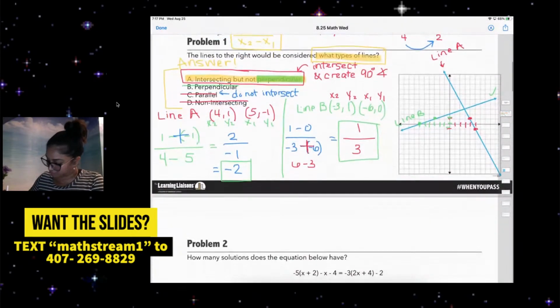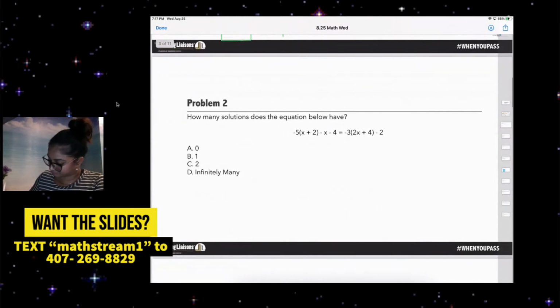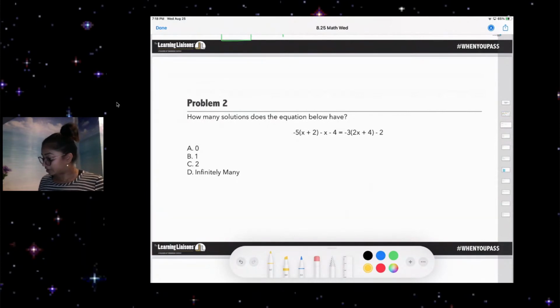This is problem 2. The question is, how many solutions does the equation below have? I don't know how many solutions it has. But according to my answer choices, it can have 0, 1, 2, or infinitely many solutions.